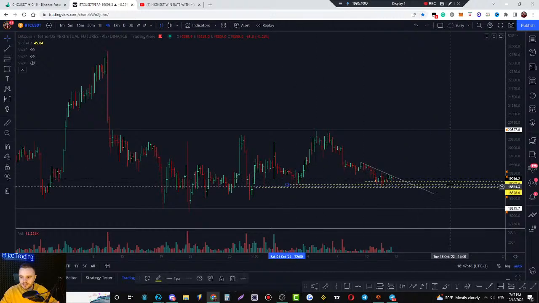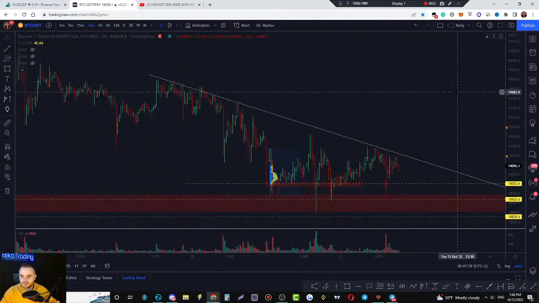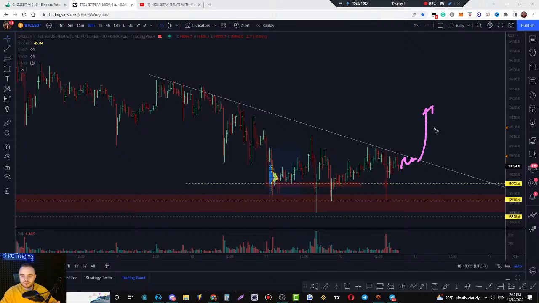Price did this fake breakdown, and they took the stop losses of buyers hiding below this level. That means potentially, if price squeezes to this trend line, there could be a breakout. That's what we understand from all of this analysis.